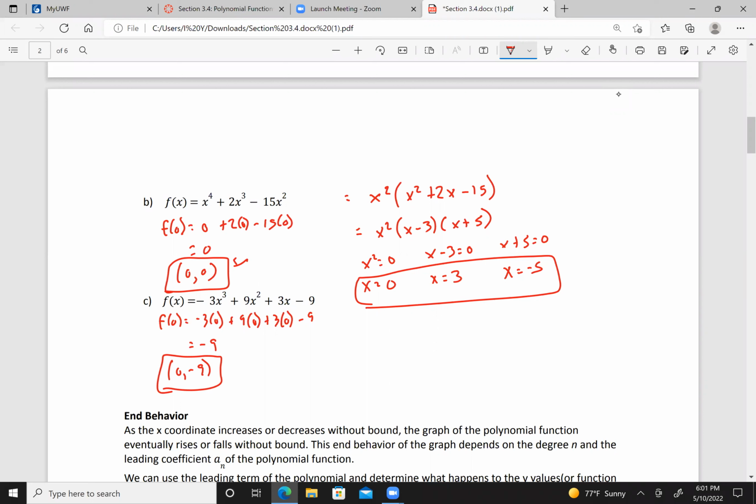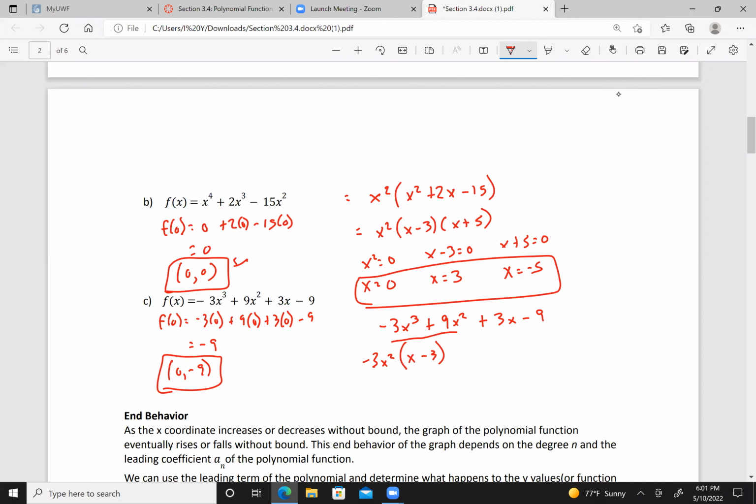Now, we can factor this by something called grouping. So let's look at this. Negative 3x to the third plus 9x squared plus 3x minus 9. If I take these two terms and take negative 3x squared out of them, I get x minus 3.